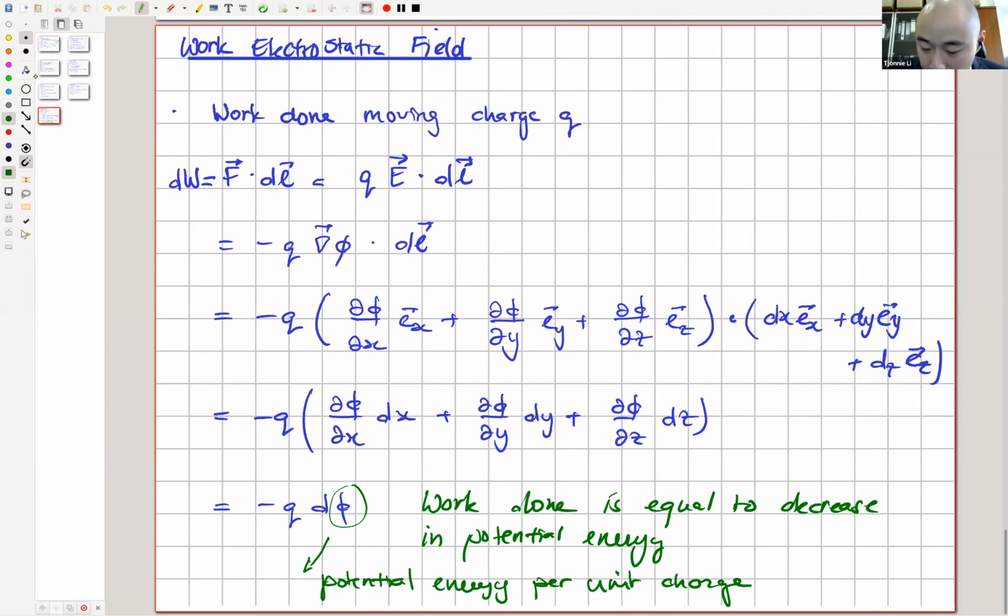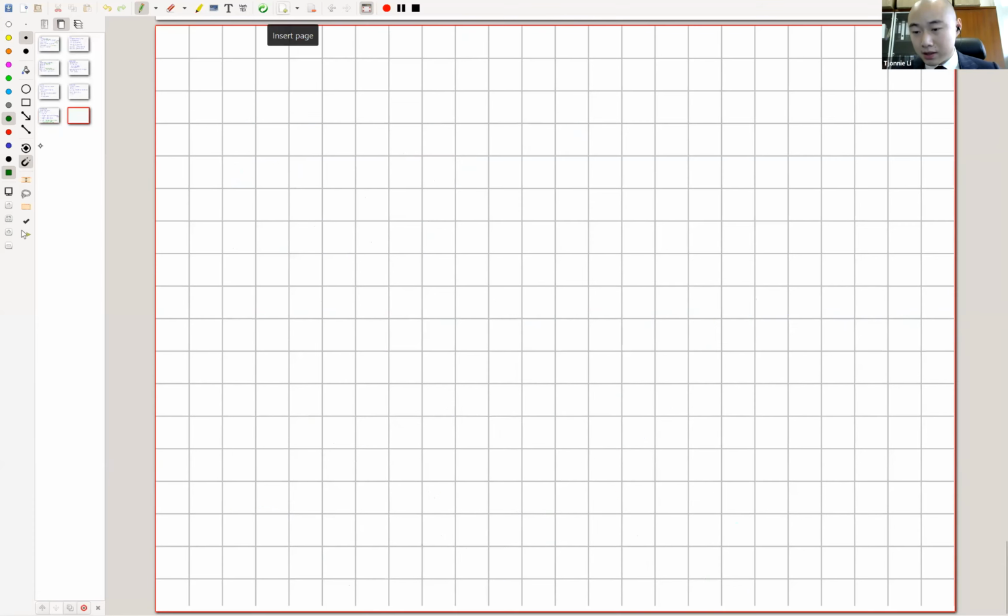Now we can go a step further, and we can also consider this work done as going into the change of kinetic energy.